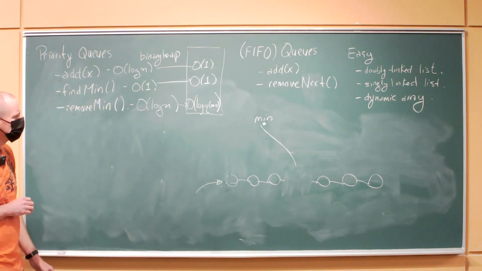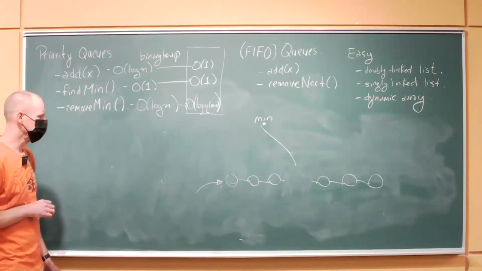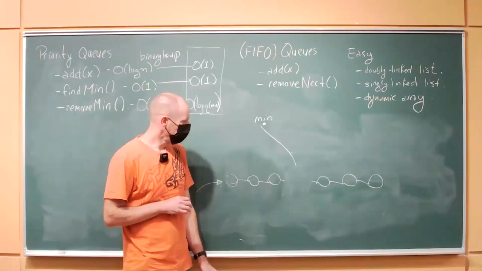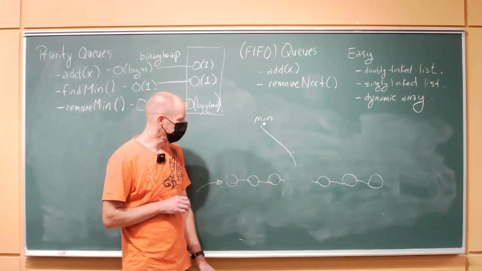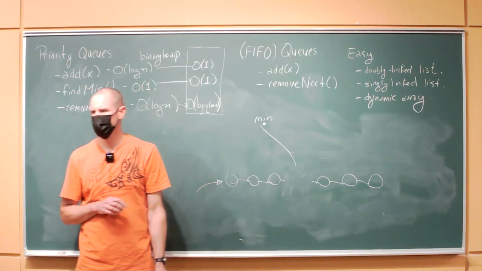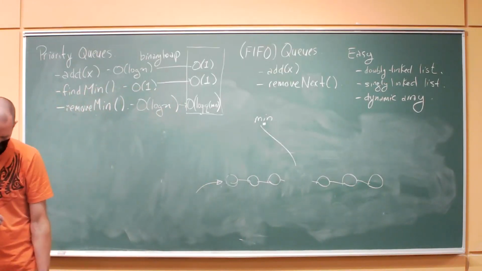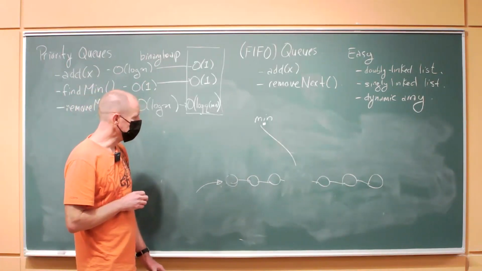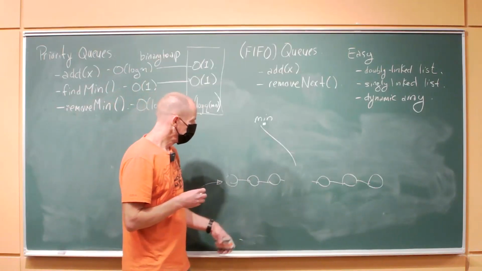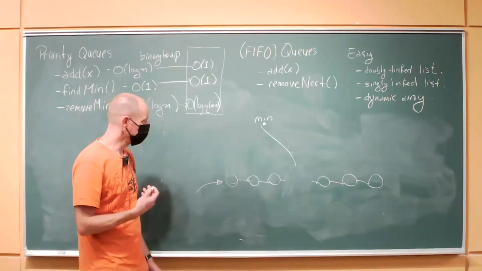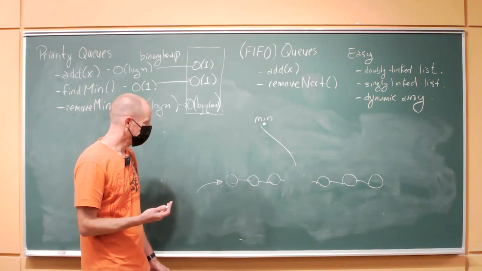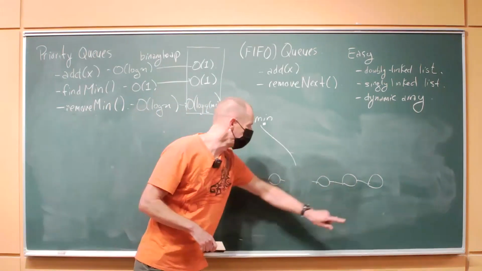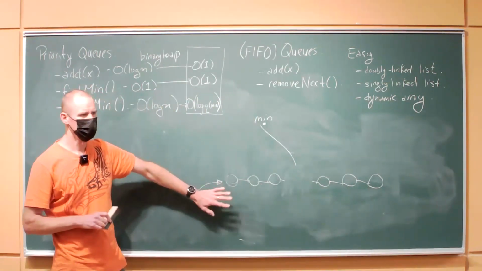And if this is all we're maintaining, not only do we not know what the new min is, but we don't even have an idea where to look. So one thing that could have been useful is if we knew at least whether we need to look for the new min somewhere else. It would have been nice to know whether we could find the min here or whether we have to look here, or maybe we don't have to.